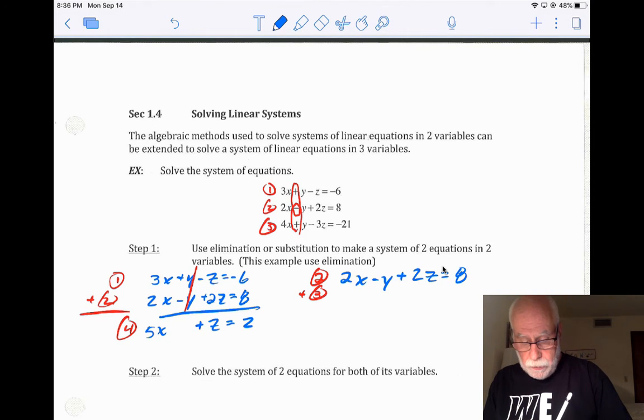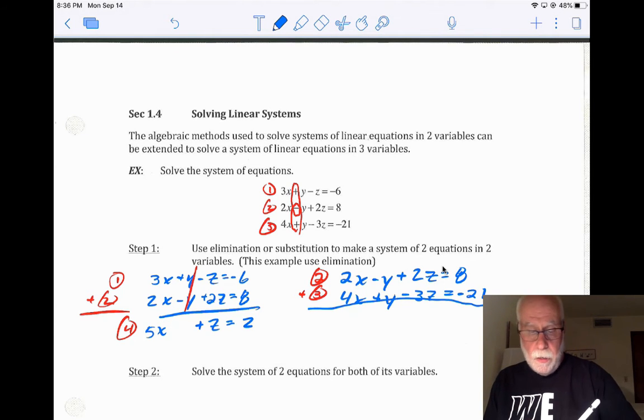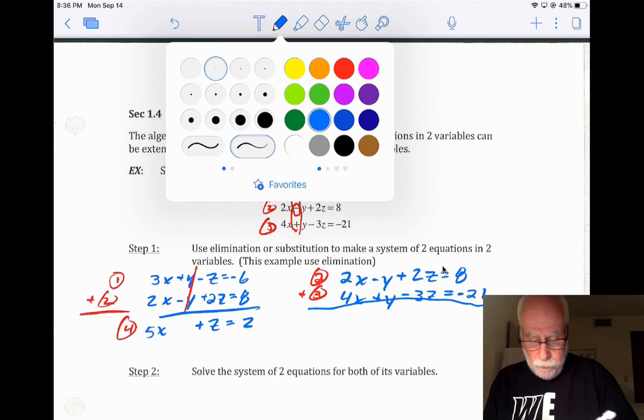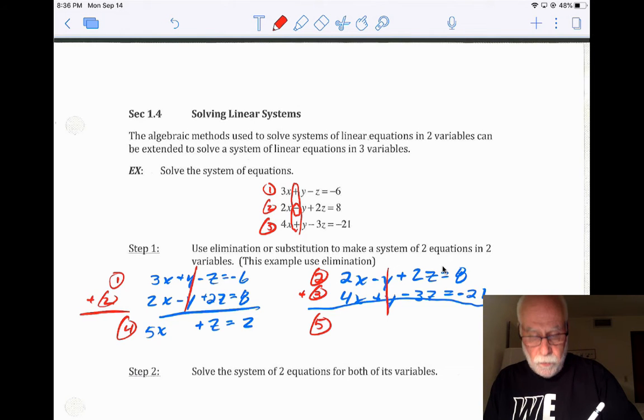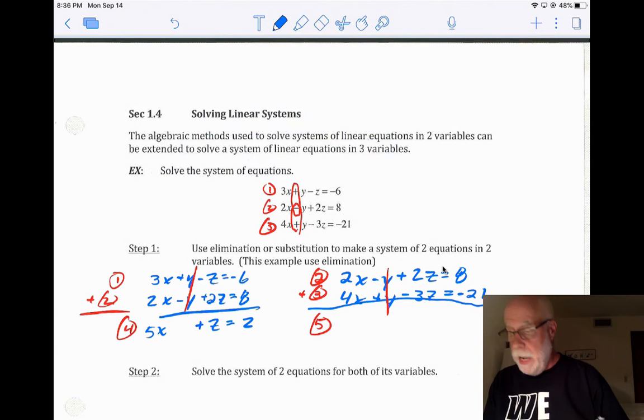And then I have 4x plus y minus 3z is equal to negative 21. And I apologize for that, but I'm not going to redo it. And again, I'm going to call this one here 5. And again, minus y plus y, those two are going to go away. And in this case, we'll have 6x minus z is equal to negative 13.